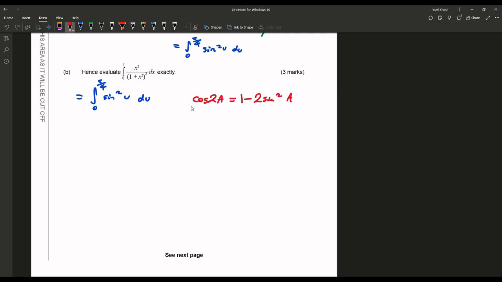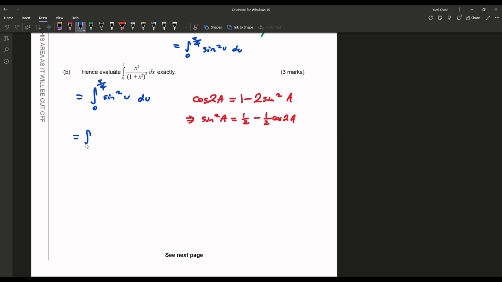This rearranges to sine squared a equals a half take a half cos 2a. And this bit is what we're going to put in instead of sine squared u.